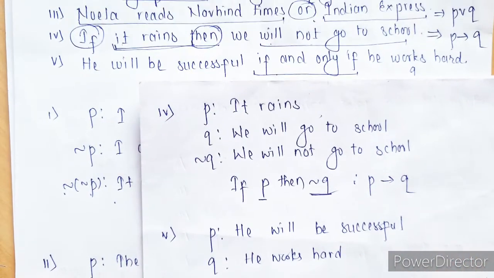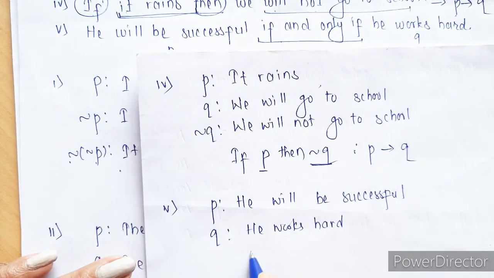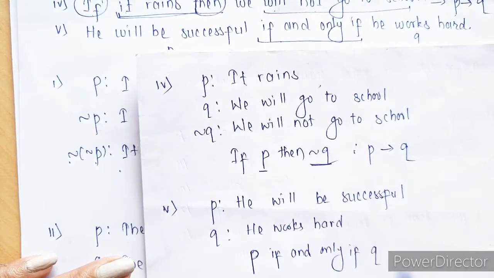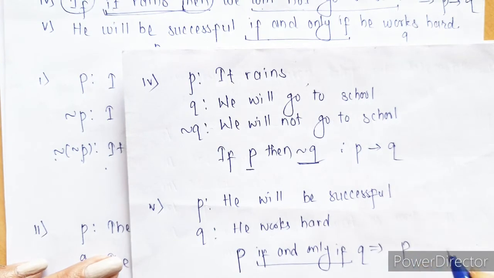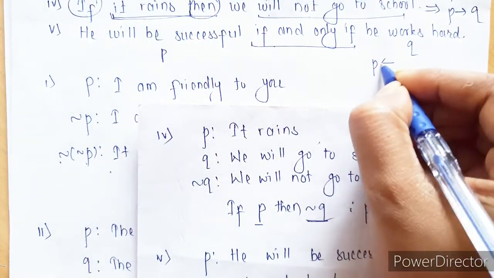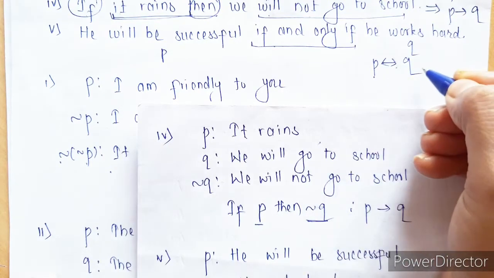Now we are combining these using if and only if: he will be successful, that is P, if and only if he works hard, that is Q. This is going to be P double implies Q. He will be successful if and only if he works hard.